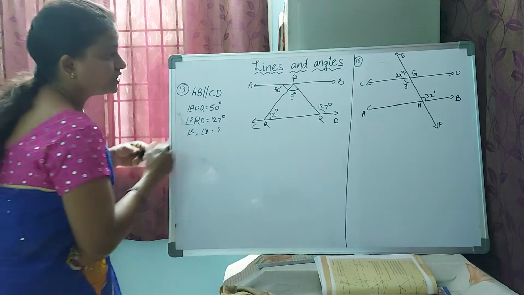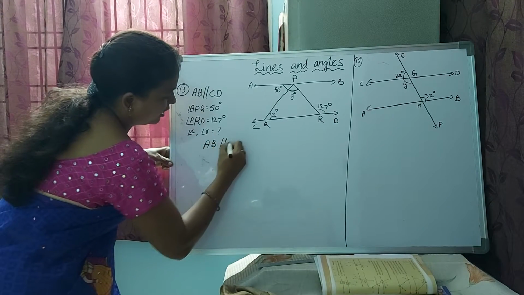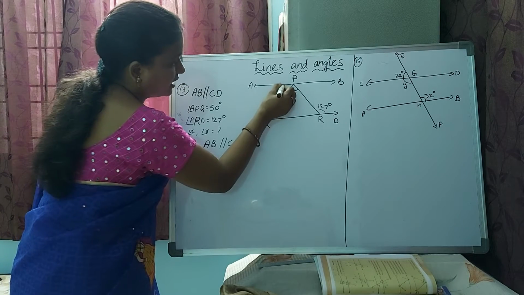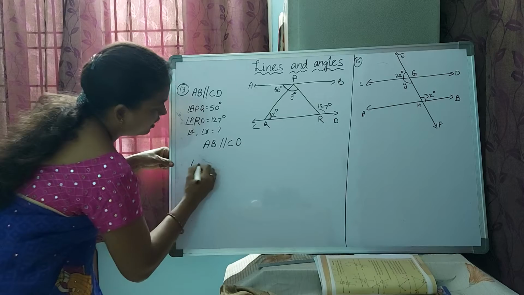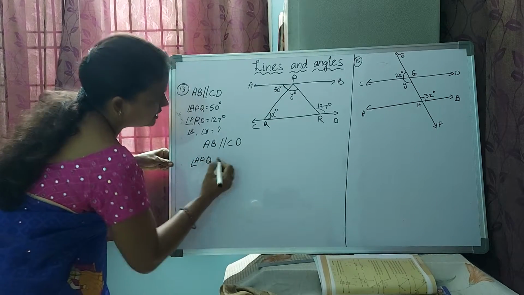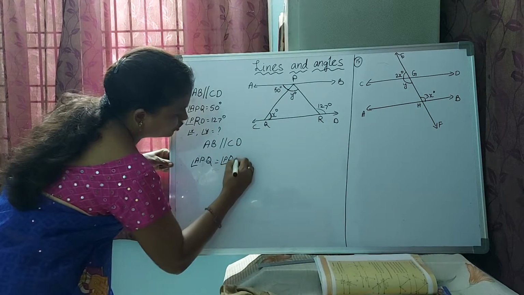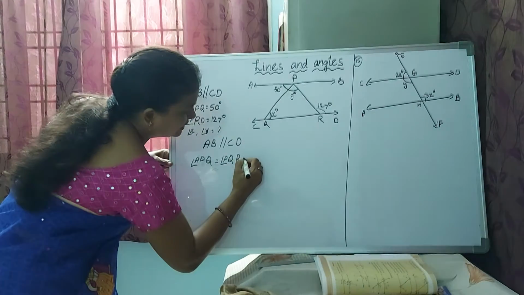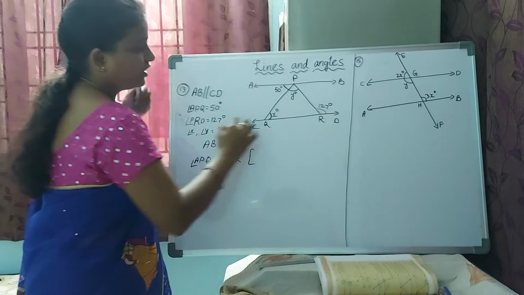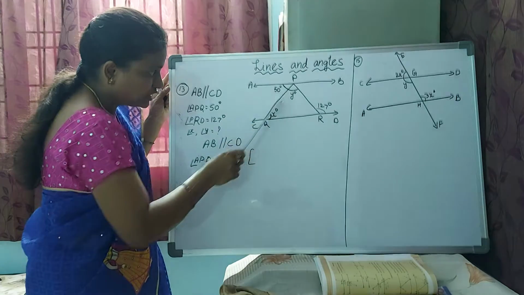See, first, AB is parallel to CD. Observe this angle, angle X, and this one, angle APQ. Angle APQ is equal to angle PQR. These two are parallel lines and this is a transversal.